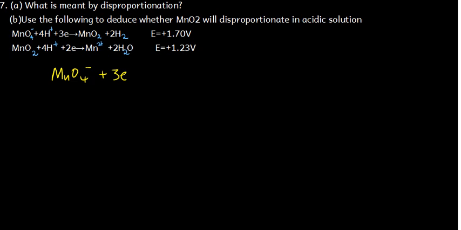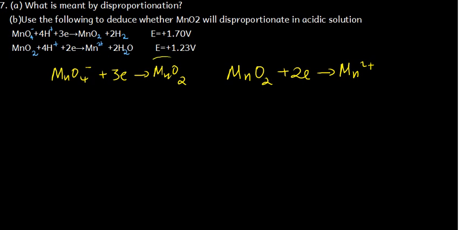I'm only interested in the compounds that have Mn in them. This goes to MnO2. Then I write the other side: MnO2 plus 2 electrons, and this goes into Mn2 plus.